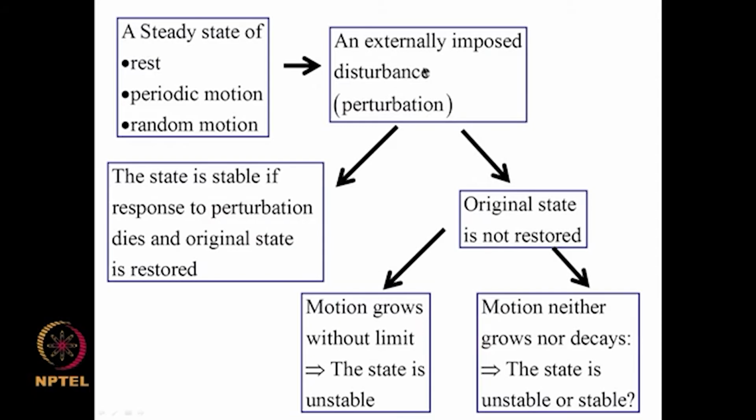If as a consequence of this disturbance the response dies off, then we say that the state is stable. If the original state is not restored, there are two possibilities: motion grows without limit and the state is unstable, or if motion neither grows nor decays, then we reach a stage where we will not be able to resolve using the first order approximation whether the state is stable or unstable.